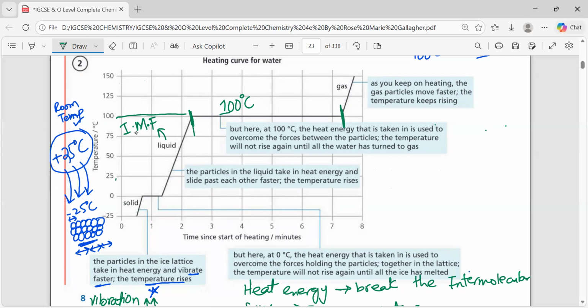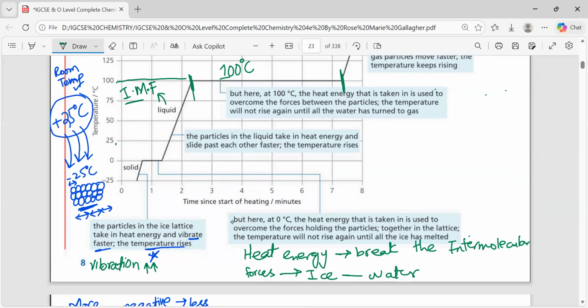The heat energy will be used to break these intermolecular forces, just like at 0 degree. We discussed at 0 degree, the heat energy provided by the rise in temperature will be used to break the intermolecular forces, and then ice will convert into water, right?